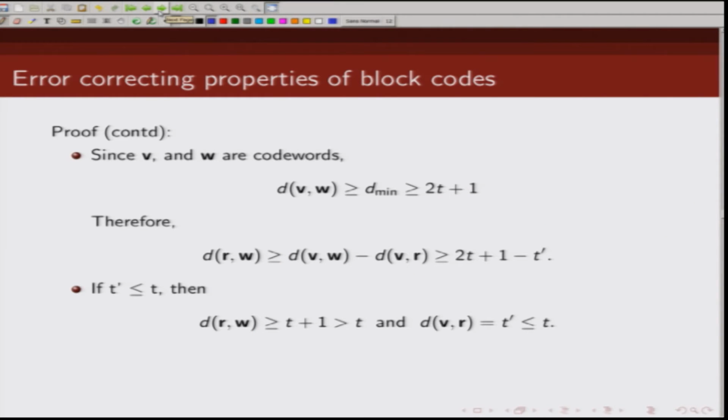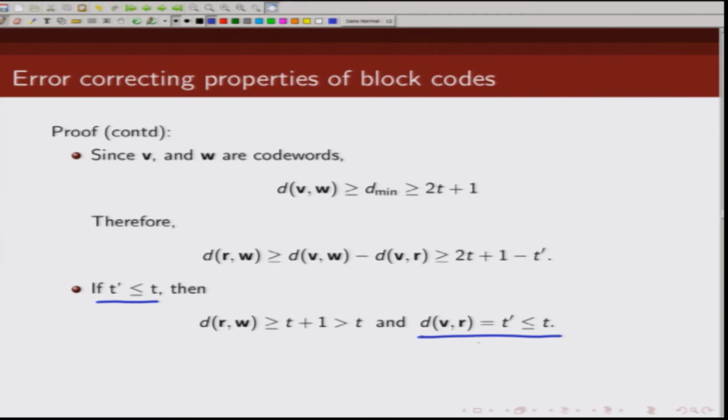Now, as long as the weight of the error pattern is less than or equal to t, we can plug in that value, and we get that the Hamming distance between R and W is greater than or equal to t plus 1, which is greater than t, whereas the Hamming distance between the transmitted code word and the received word is t dash, which is less than or equal to t.